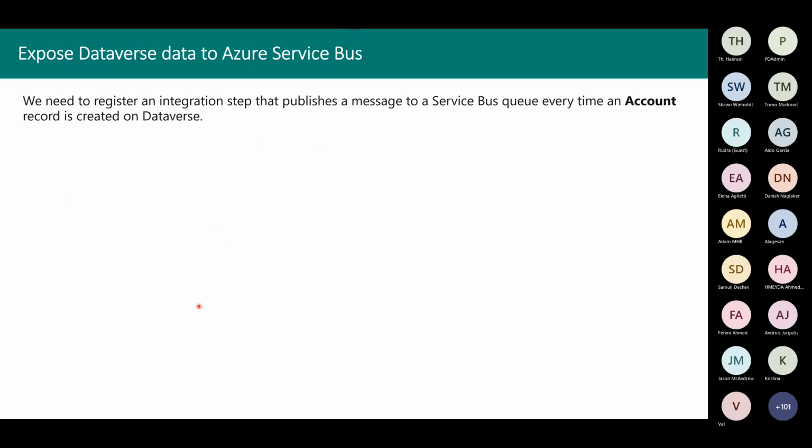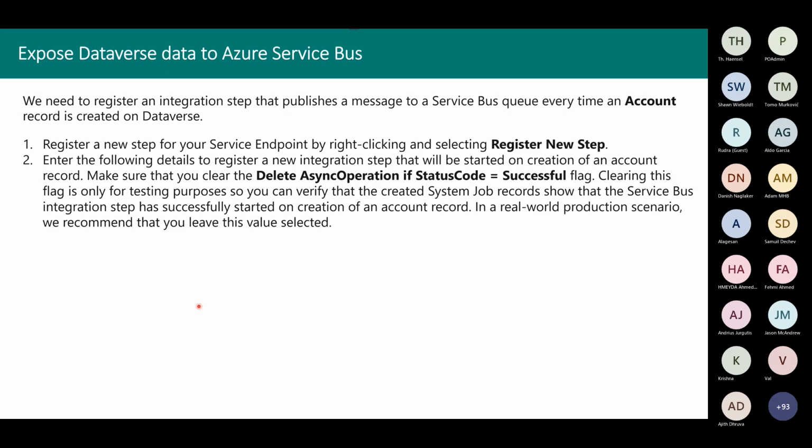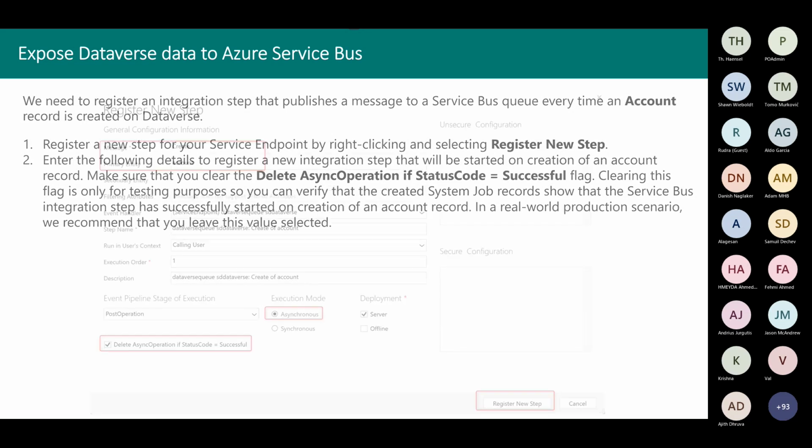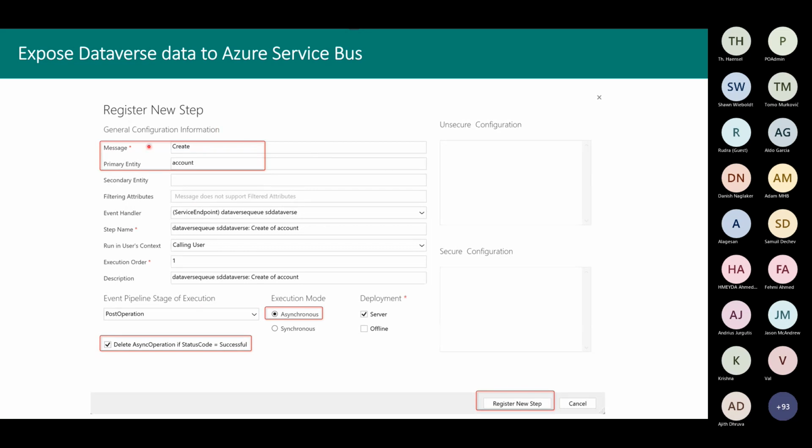I use the same sample here, so when an account is created. So what you need to do is register a new step. And here you need to select the event that triggers it. I will go directly to the screen. So you need the entity. I want Dataverse to send me information when an account is created.